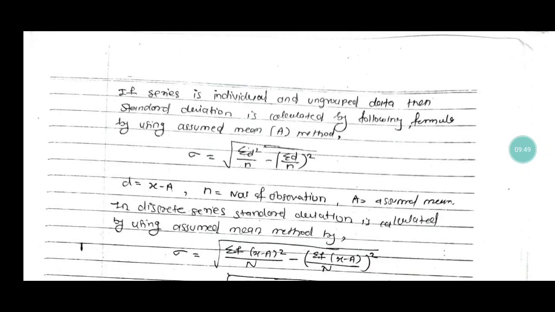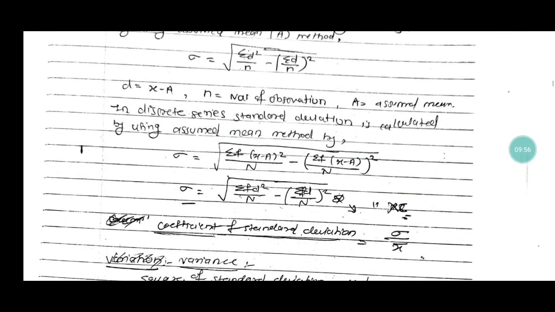In a discrete series, the standard deviation is calculated using the assumed mean method, that is sigma is equal to the square root of summation f (x minus a) whole square divided by n, the number of observations, minus (summation f (x minus a) divided by n) whole square, where x is the mean and a is the assumed mean. That is, sigma is equal to the square root of summation f d square divided by n minus (summation f d divided by n) whole square.